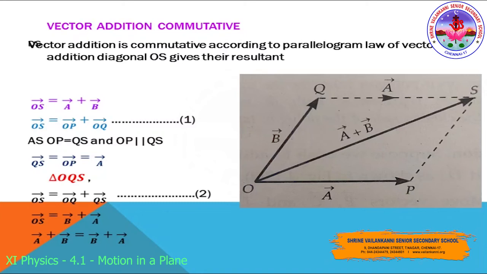So OS is equal to B vector plus A vector. We can take this as the second equation. From these two equations we get A vector plus B vector equal to B vector plus A vector. So this proves the commutative law.